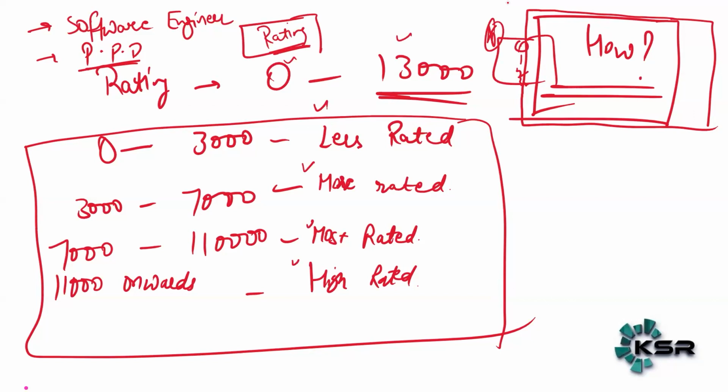If the rating is between 0 and 3,000, I'll rate those products as less rated. 3,000 to 7,000, poor rated. Between 7,000 and 11,000, most rated. And 11,000 onwards, same as yesterday's star rating scenario. So we can go with the same. Which logic is this, guys?